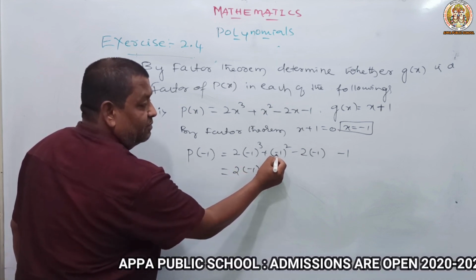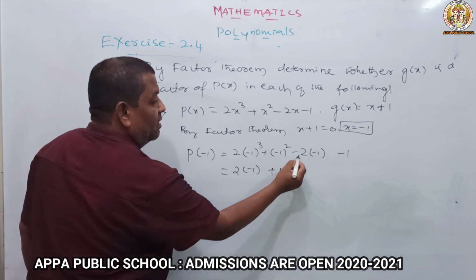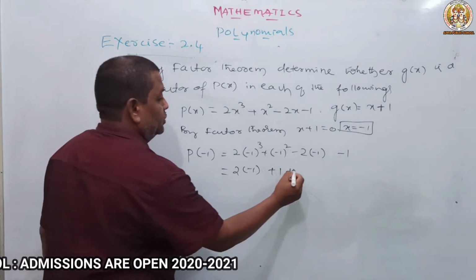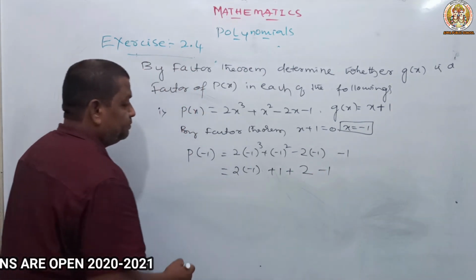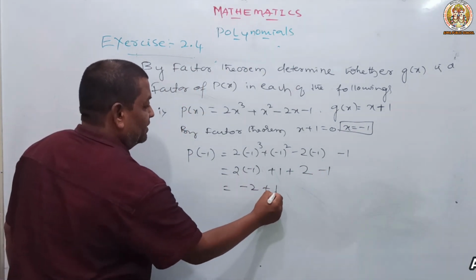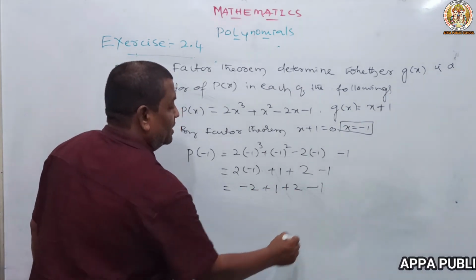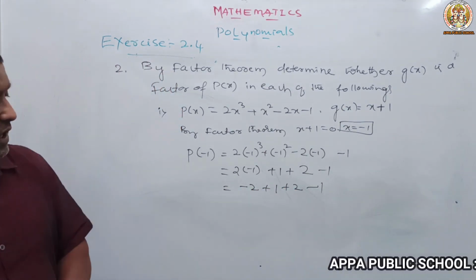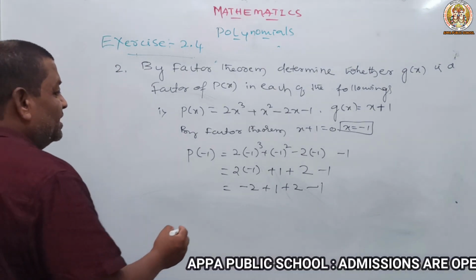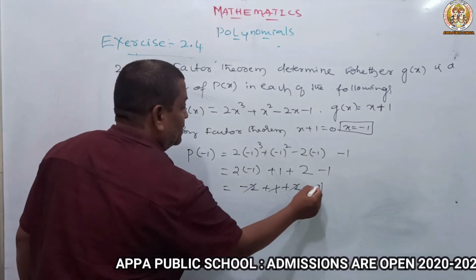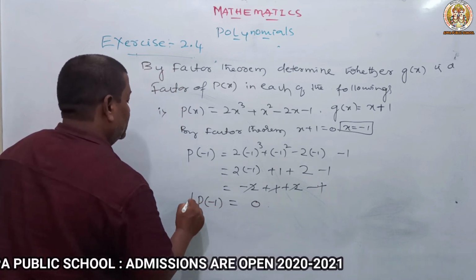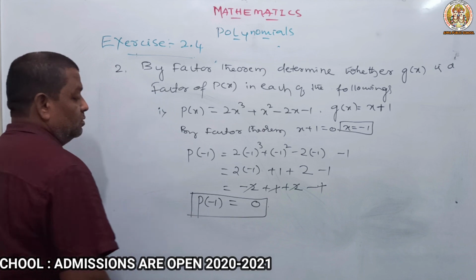Minus 1 square means plus 1. Minus into minus, plus 2. And minus 1. Finally, minus 2, plus 1, plus 2, minus 1. Observe carefully, the same number with opposite sign nullifies. So what we got? 0. So p of minus 1 we got 0.